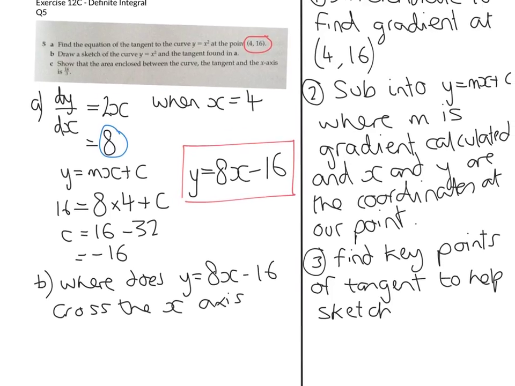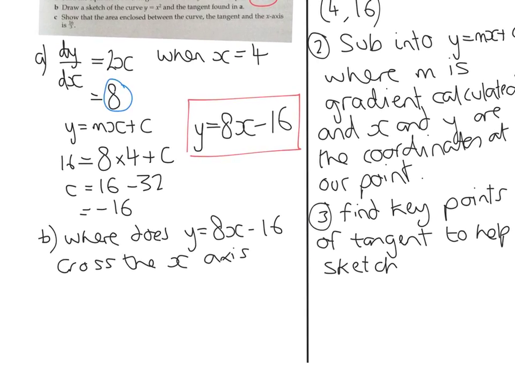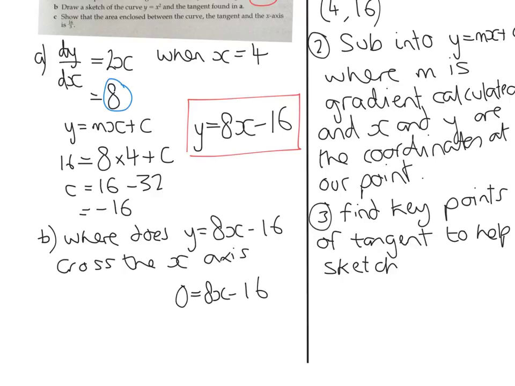So to find out where it crosses the x-axis, we set y equal to 0. So we've got 0 equals 8x minus 16. So 8x is 16, so x is 2. So we know the y-intercept is minus 16, sorry, and the x-intercept is at 2, which helps us sketch this.